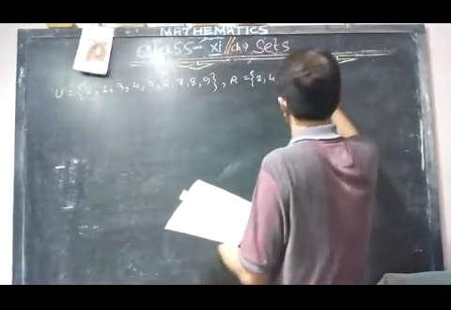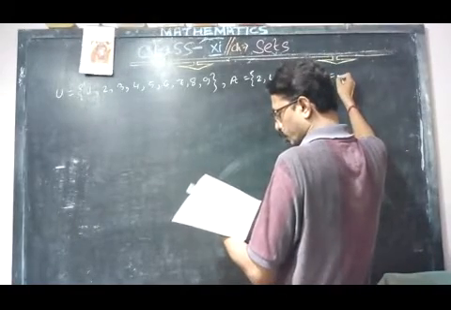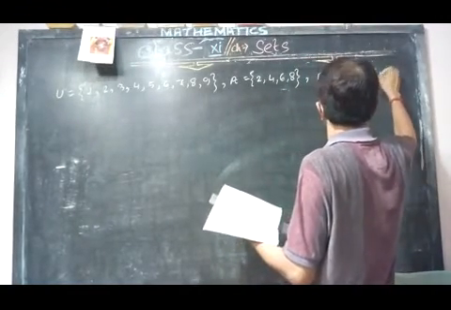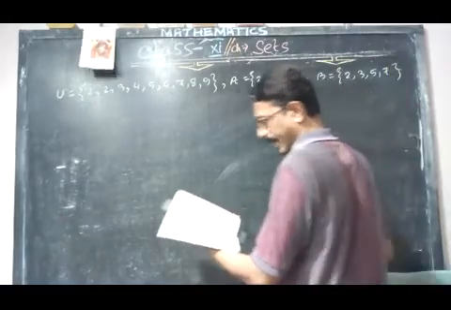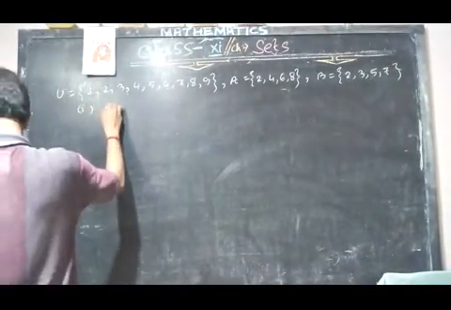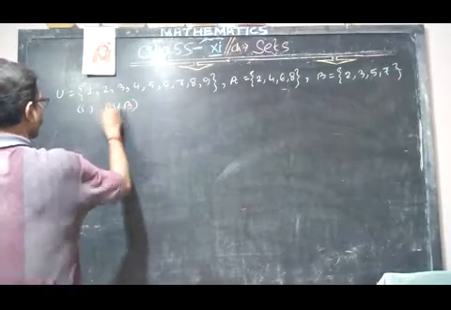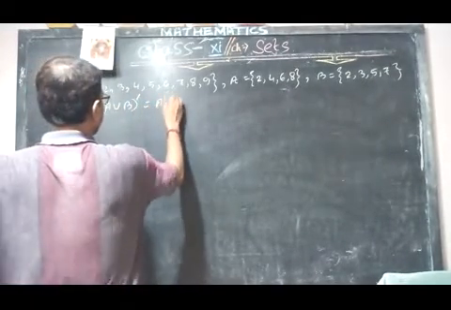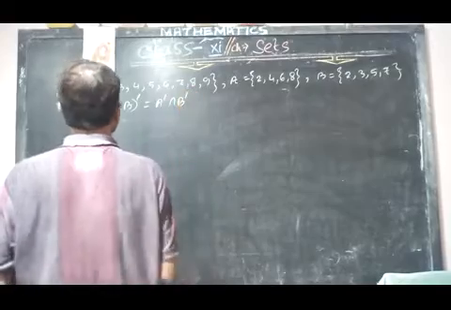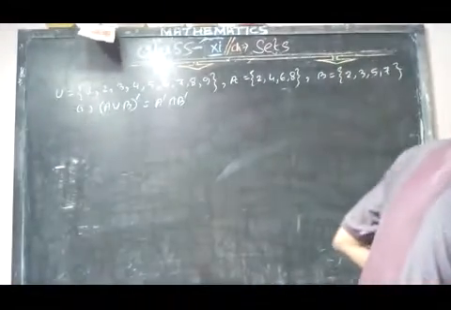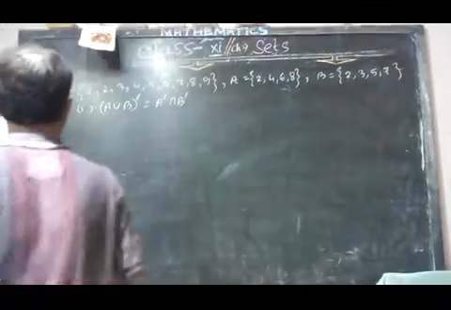And B is 2, 3, 5, 7. Verify A union B whole complement equals A complement intersection B complement. Okay, verify it.